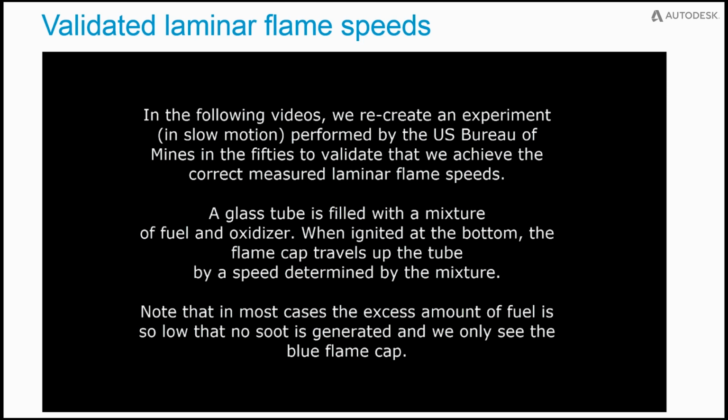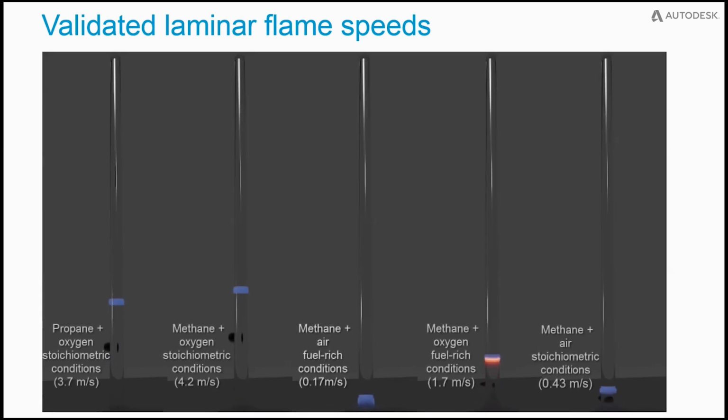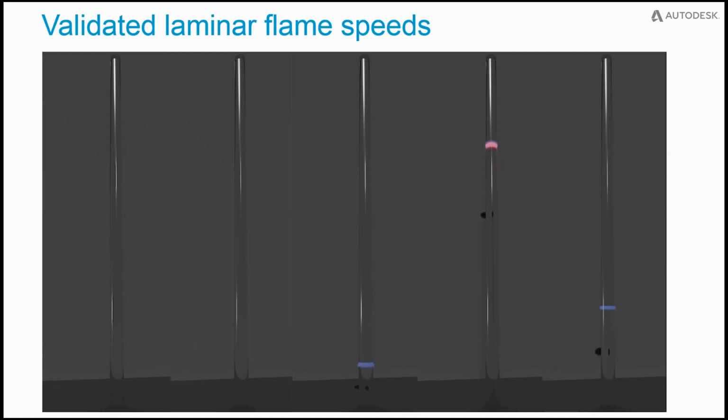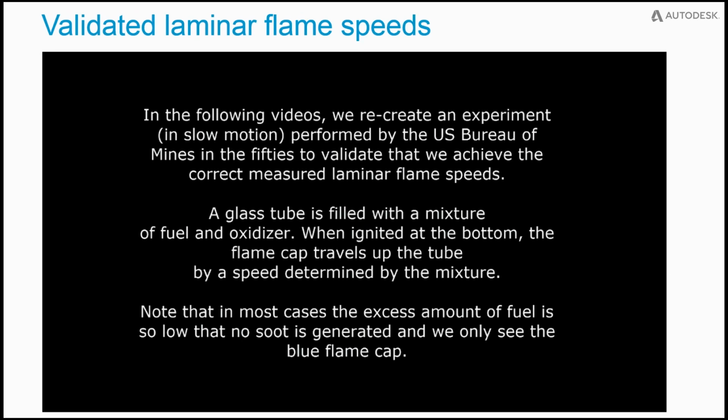Basically, we've simplified it a lot, I must say, because we are not limited by all the physical restrictions that they were when performing the real experiments. But basically, it's a cylinder that's filled with some mixture of fuel and oxidizer. It's then ignited at the bottom, and then the blue flame cap will travel up the tube, and that's what you'll see here in the video.